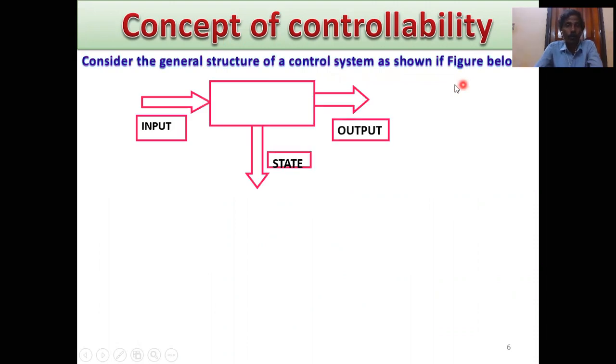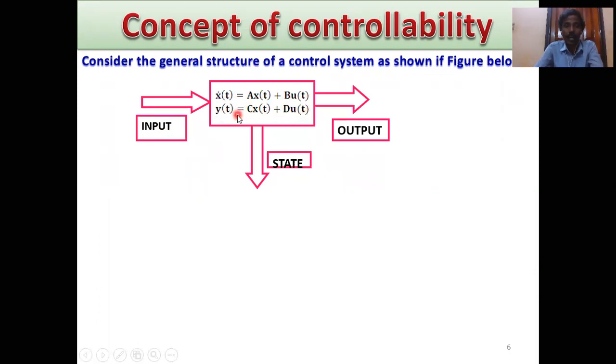Concept of controllability. What is the concept? Consider the general structure of a control system as shown in the figure below. This is the figure where this side is the input, the plant input mainly, and this is x dot t equals A x t plus B u t and y t equals C x t plus D u t.